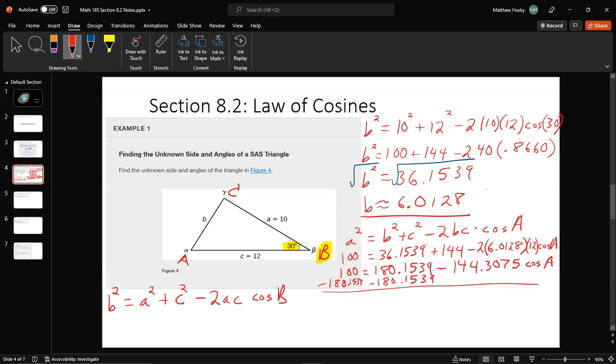So if you do that, that's going to give you negative 80.1539. That's going to equal negative 144.3075 cosine of A. Divide negative 80.1539 by negative 144.3075.